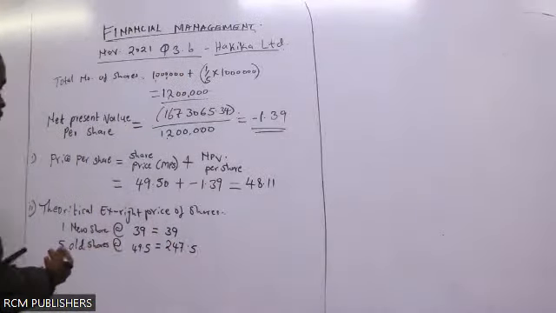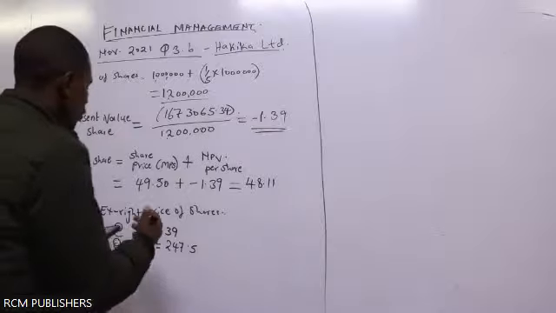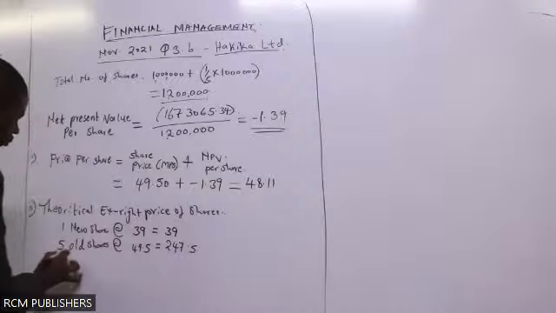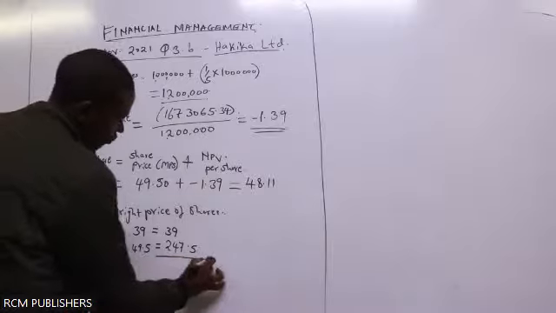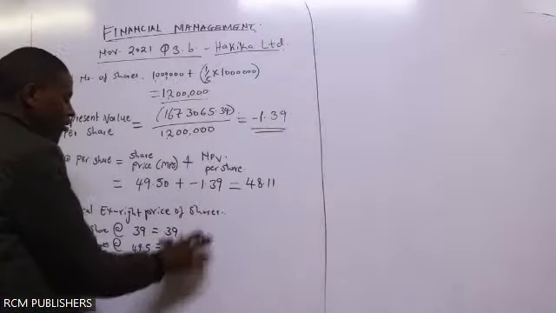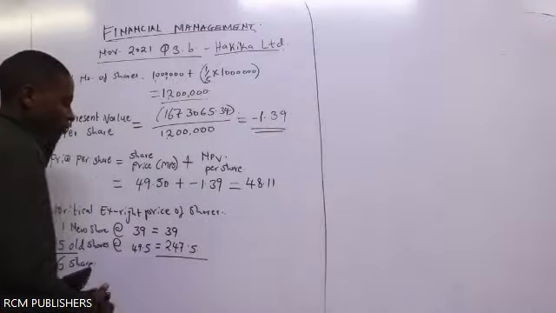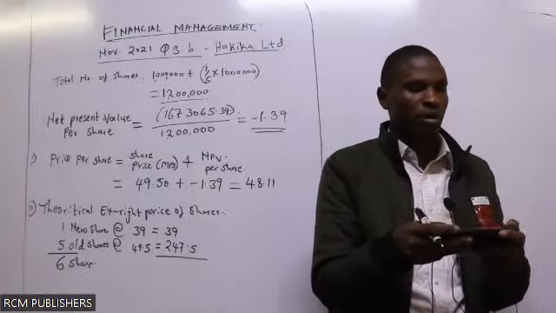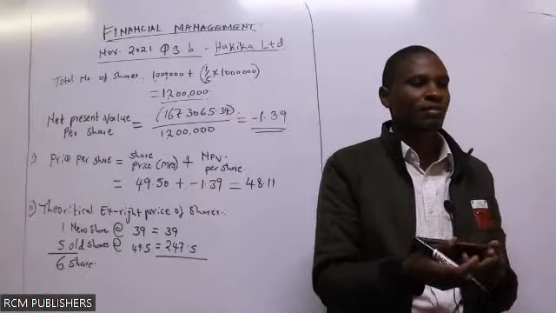Then, since we need to combine this to get the theoretical ex-right price of shares, you have to get the total shares and the total value of these shares. So I will be having 6 shares now, both old and new, and then you add the total value: 39 plus 247.5.